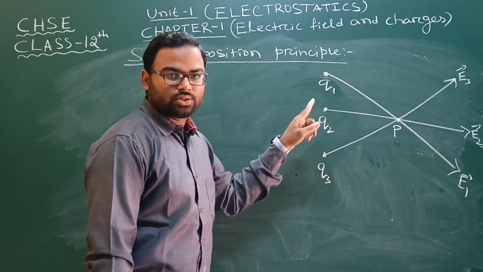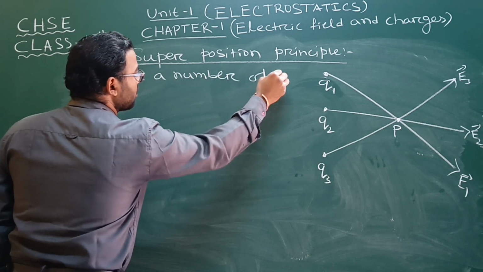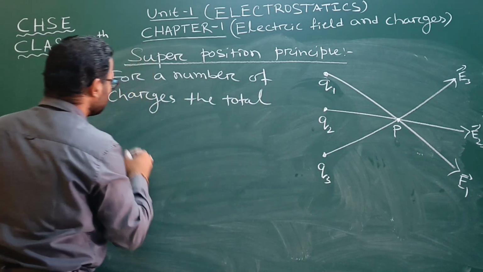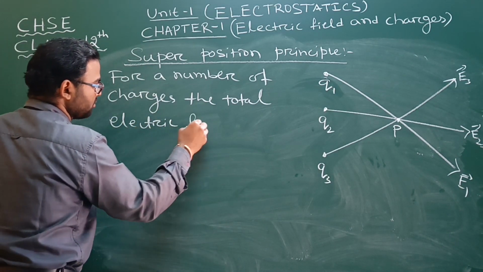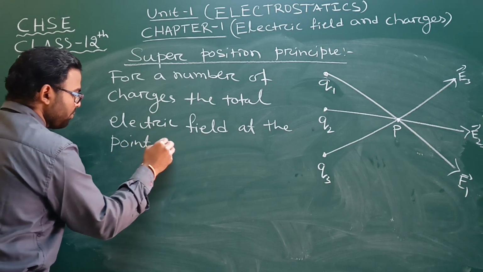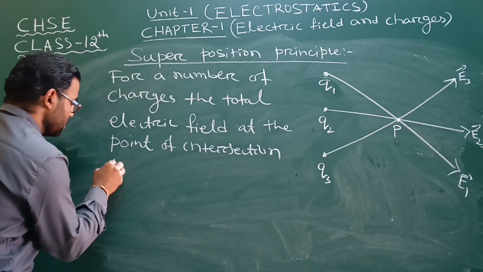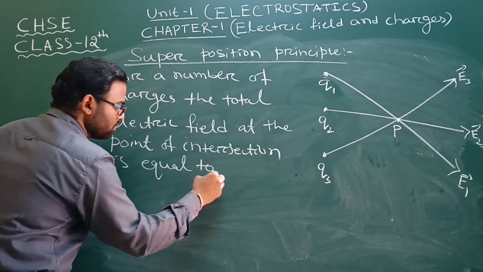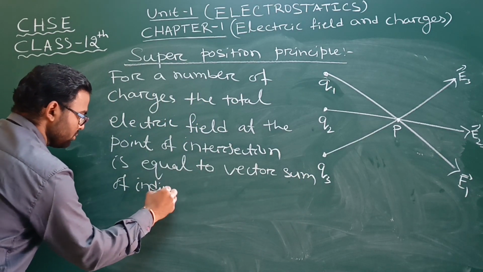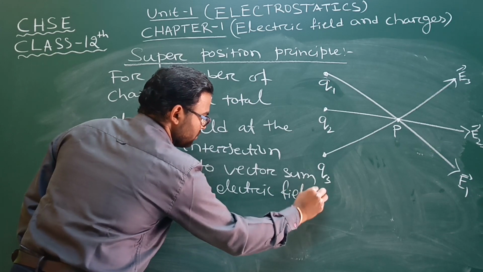So for a number of charges, the total electric field at the point of intersection is equal to the vector sum of individual electric fields.